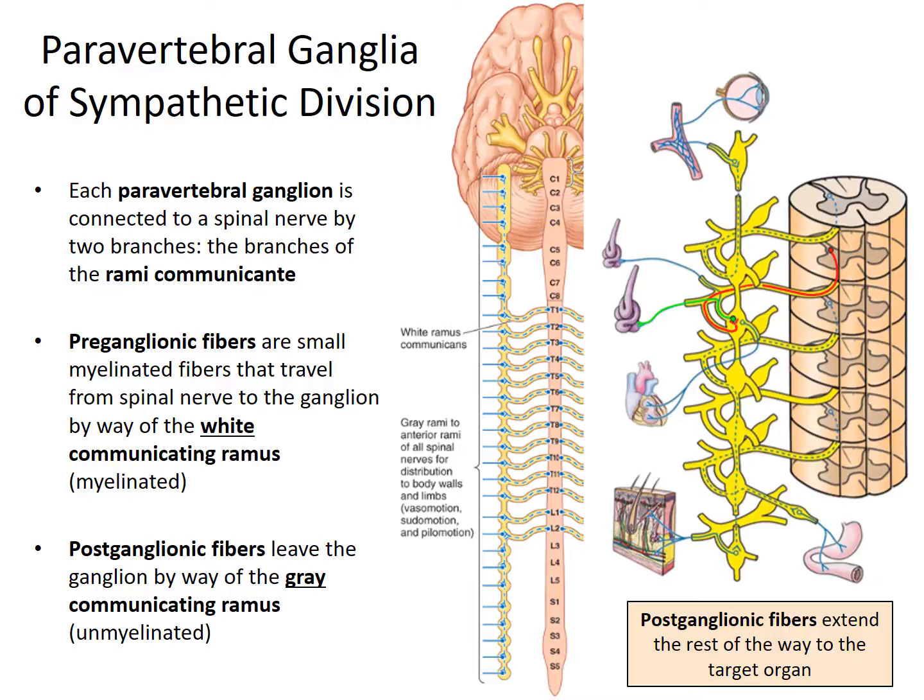Postganglionic fibers leave the sympathetic chain ganglion by way of the gray communicating ramus that's unmyelinated. And these postganglionic fibers extend all the rest of the way to the target organ.